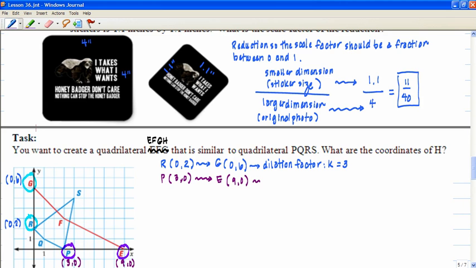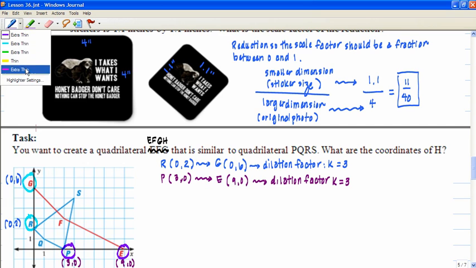And again, it looks like the dilation factor is 3. We could check point Q and point F, but I think right now with 2 points verified to have the same dilation factor, we can go on and say that we're going to use 3 as our multiplier.